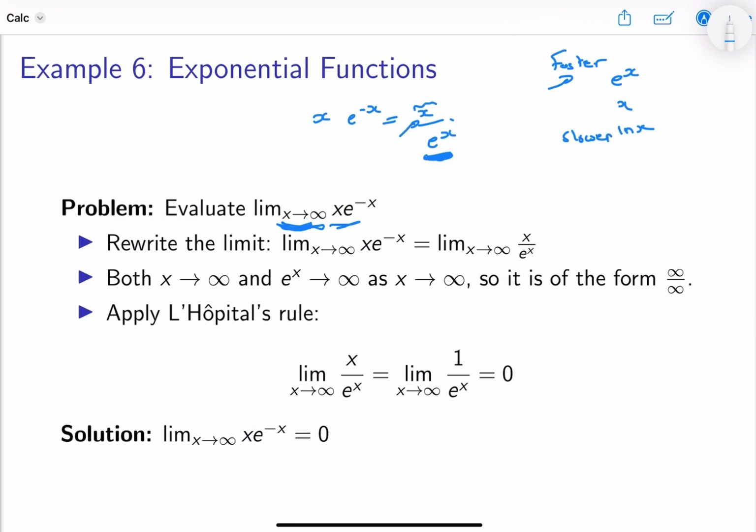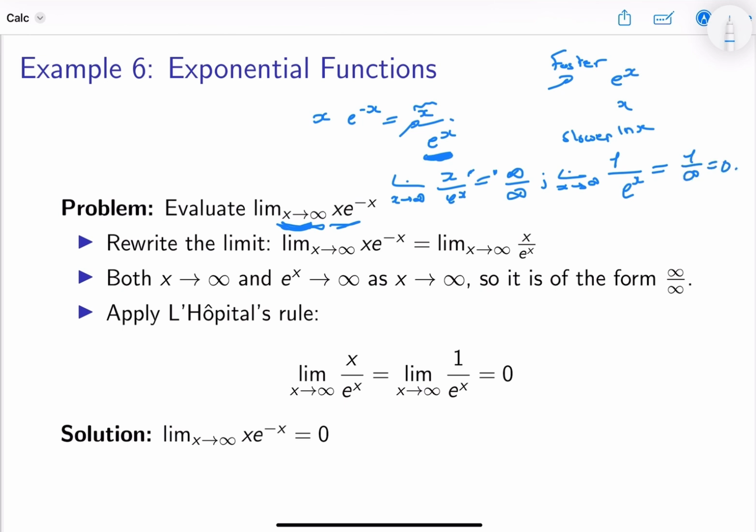So let's see why that is true. This is the motivation, and let's prove it. The limit of x over e^x as x goes to infinity takes the form infinity over infinity. And thus, by L'Hopital's rule, the limit is the derivative of the numerator, which is 1, over the derivative of e^x, which is e^x, which is 1 over infinity, which is 0.